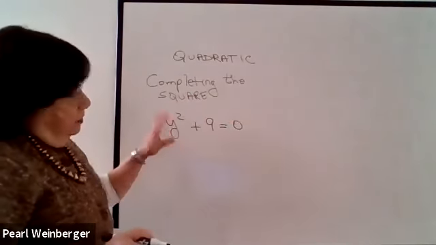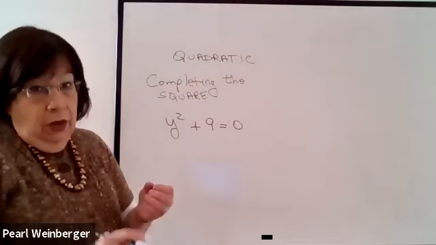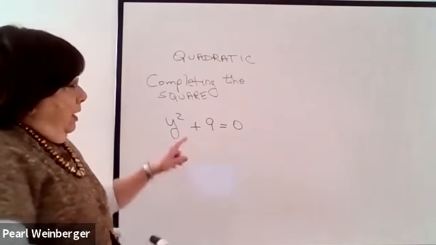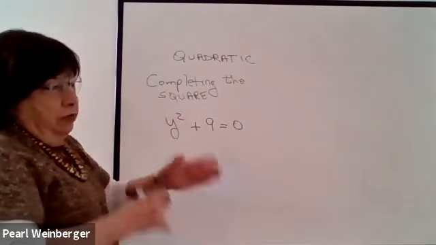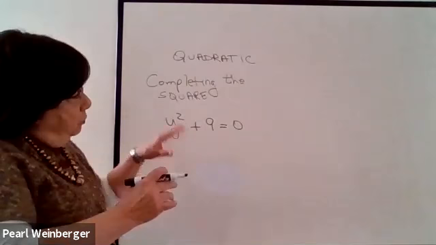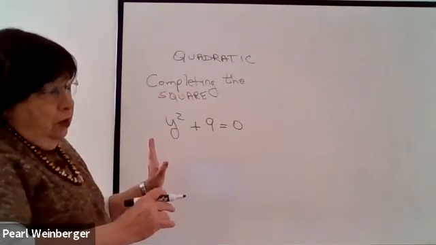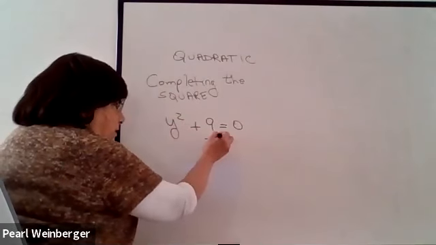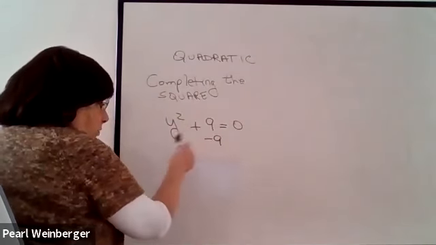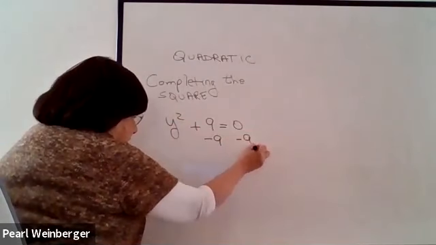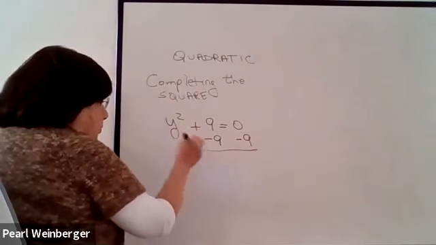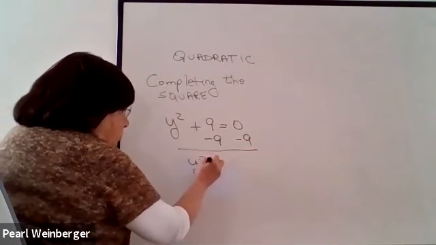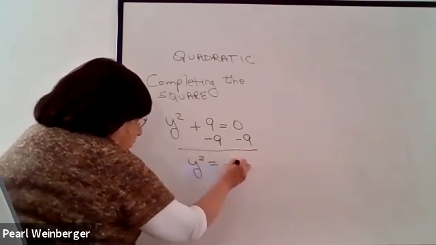Now, I recognize this as a quadratic equation because it has a square in it. I also recognize it as one of those incomplete quadratic equations where all I have is a y squared. So what I can do is get the y squared on one side, the number on the other side, just like we've always been doing with just plain y. So we get y squared equals -9.